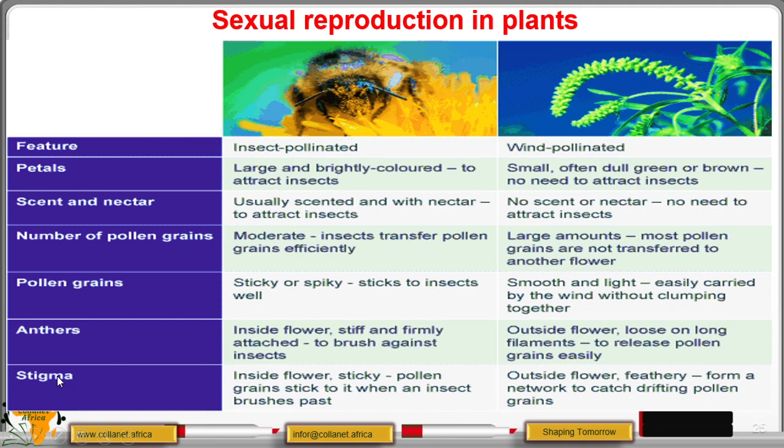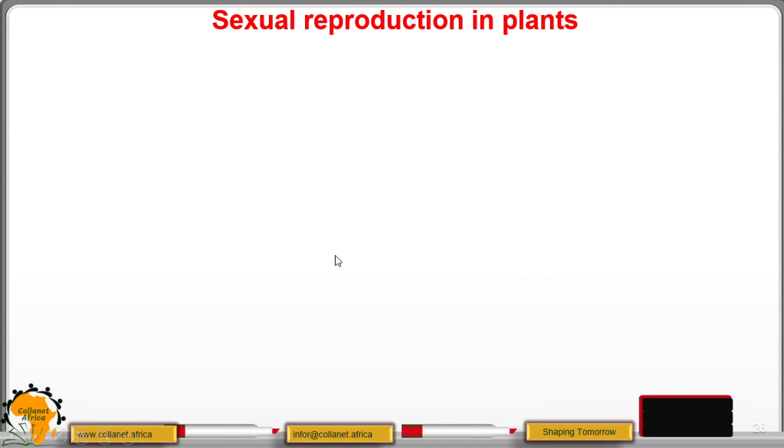In the case of the stigma, in insect-pollinated flowers the stigma occurs inside and it is sticky so that the pollen grains can stick to it when the insect sheds them. But in wind-pollinated flowers, the stigma occurs outside the flower. It is feathery and forms a network so that it can catch the flying or spreading pollen grains.